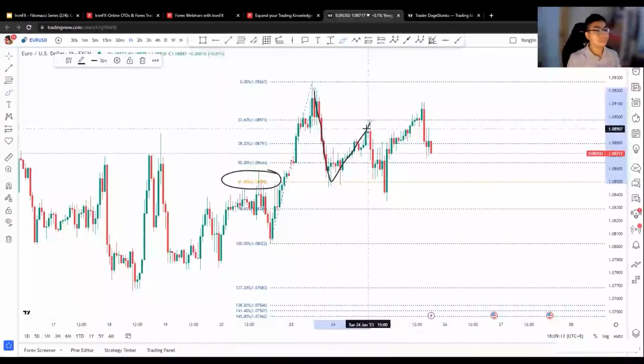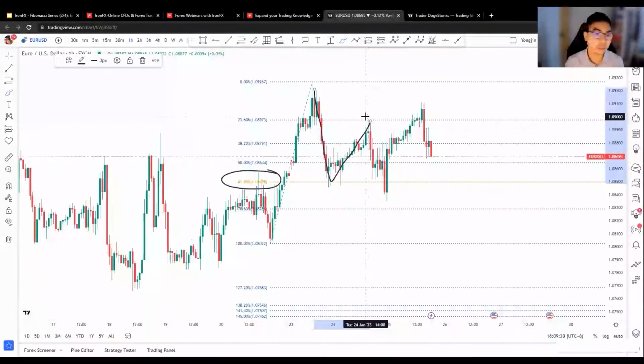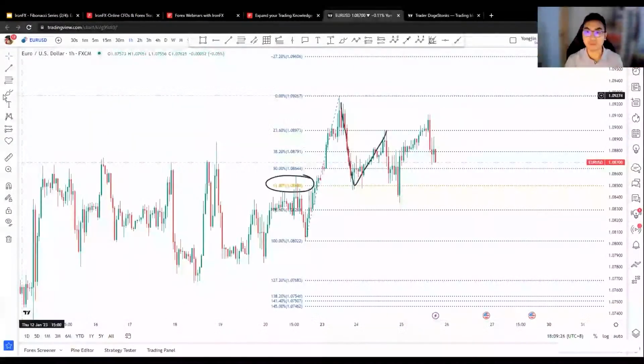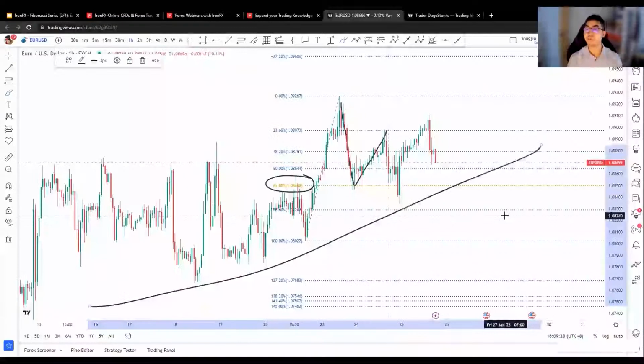You can take the 61.8% Fibonacci line as a potential take profit area, or if you are looking for longs. Looking at this overall time frame, it's very bullish. Price just continues going up.